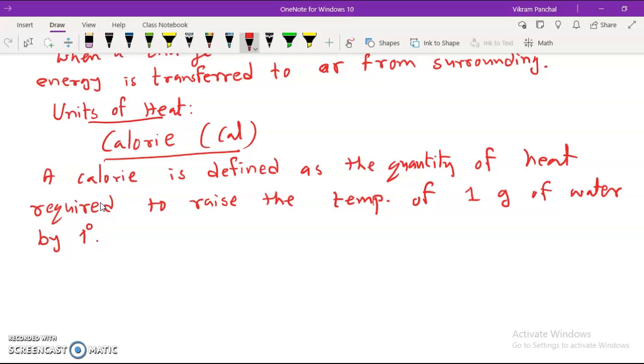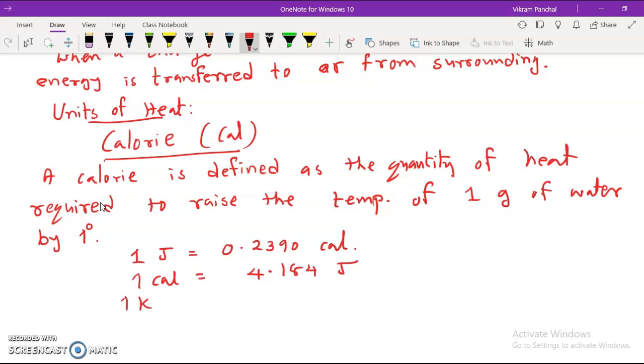There is a relation between calorie and joule. Another unit is also used, which is joule. So 1 joule is equal to 0.2390 calorie, or 1 calorie is equal to 4.184 joule.